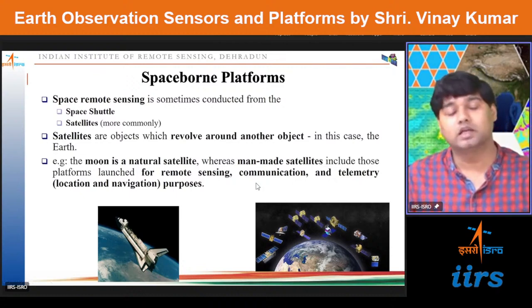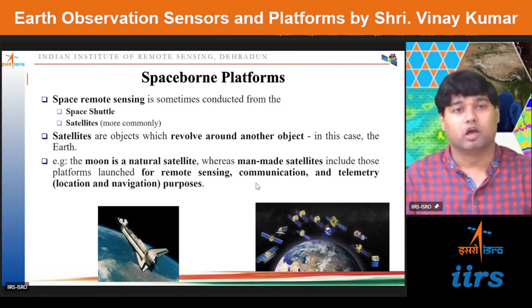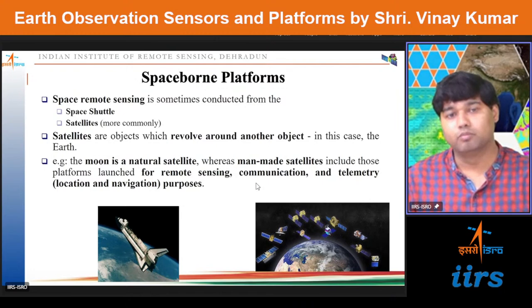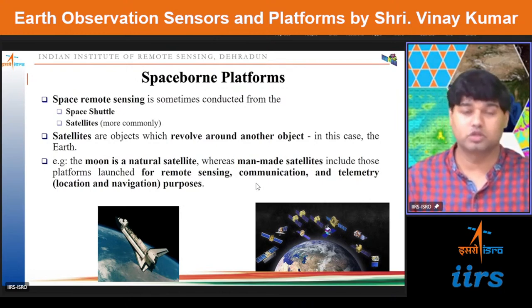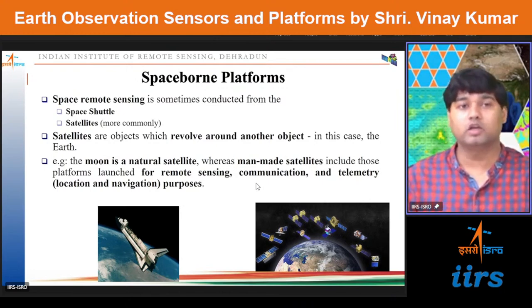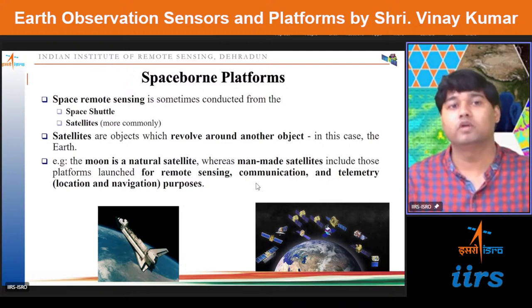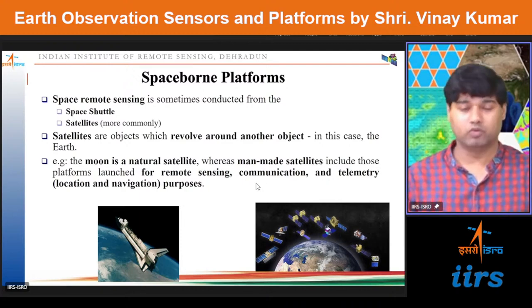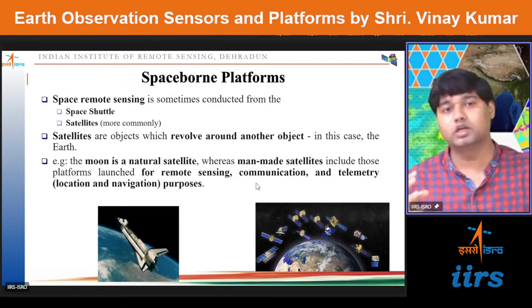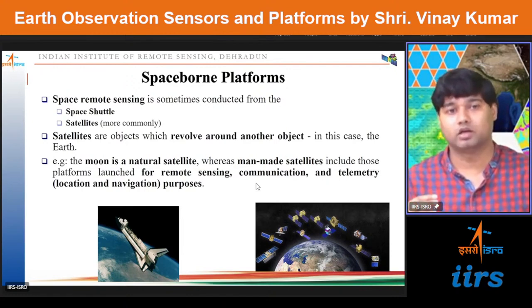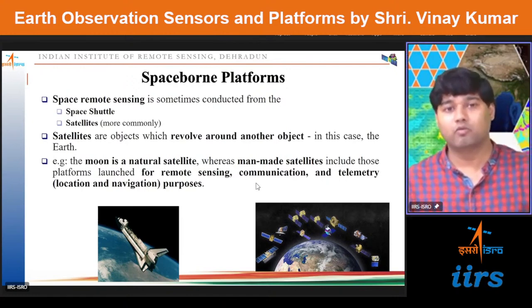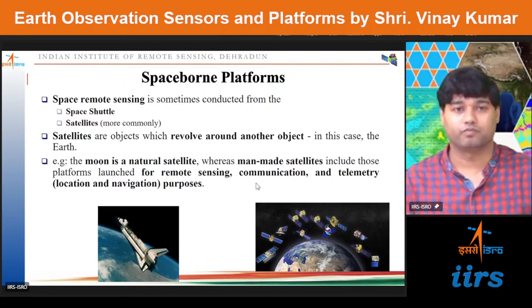Now, how did the satellite name come into the picture? When Kepler was observing the planet Jupiter, he found that the four moons revolving around Jupiter appeared like something guarding that planet. So in his language, the word guardian, another name for guardian, is satellite.